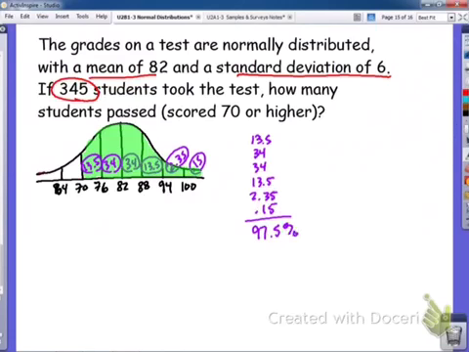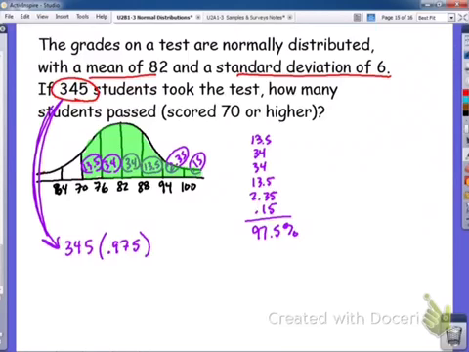Okay, so now with this number, I'm going to answer the question. There's 345 students in the class. They take the test. What percent of them pass the test? 97.5. So I'm going to change that to a decimal, 0.975.